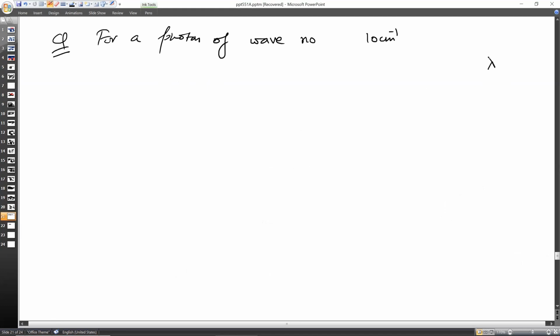Wave number is actually equal to 1 by lambda. So sometimes a wave number is given to you. The reciprocal of wavelength is called wave number. It is given that the wave number is 10 to the power minus 10 centimeter inverse.